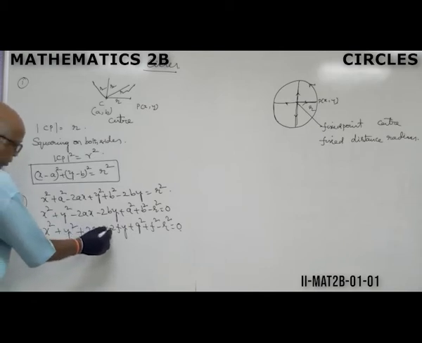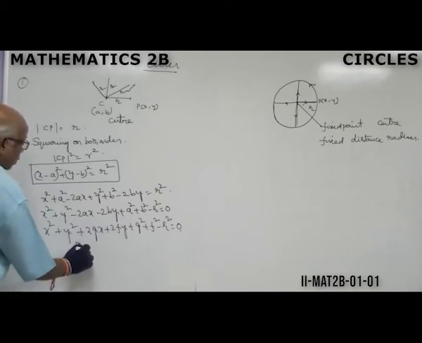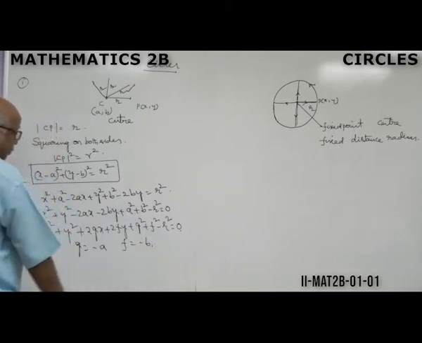Why are we using g and f? It's a standard notation in this. g equals minus a, f equals minus b.